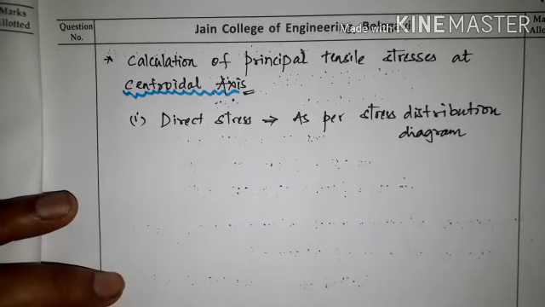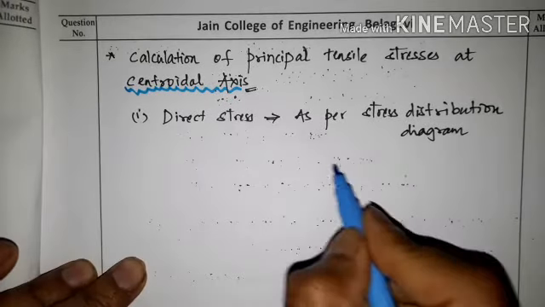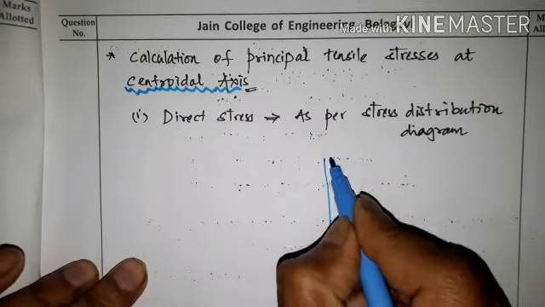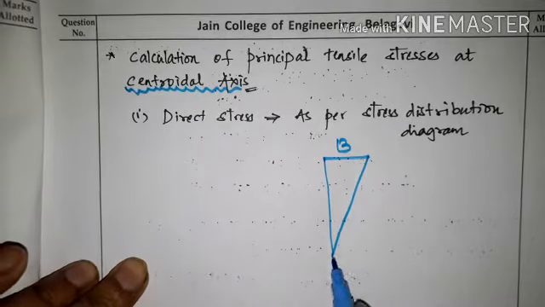I'll just draw the stress distribution diagram once again. So the stress distribution diagram is given like this. So here it is 13 and here it is 0.